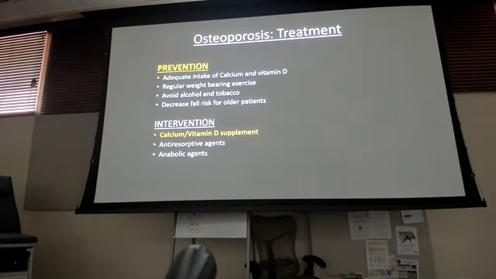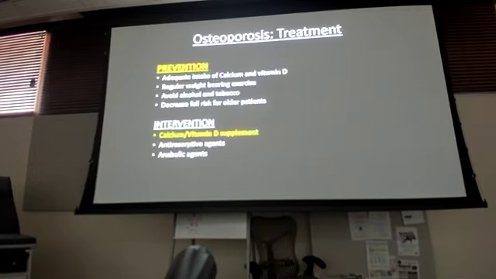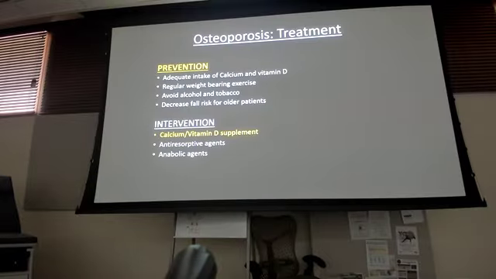Regular weight bearing and exercise? Yes. Avoid alcohol and tobacco, right? I know you guys party on the weekends, that's fine. Right? Decrease fall risk for older patients. So what does that mean? That means that their house looks like some version of, God, what was that word? Something mousetrap. It looks something like that, right?